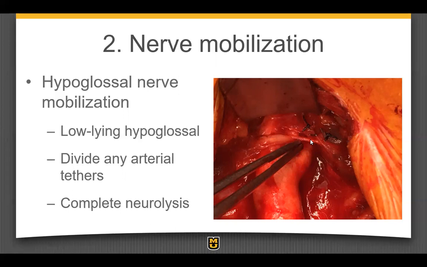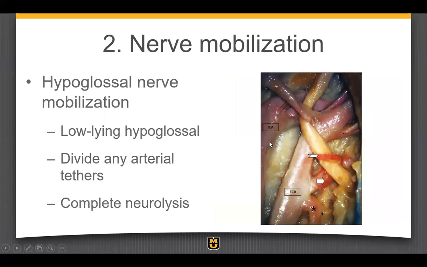Once again, we spoke about that occipital artery with the sternocleidomastoid branch, and that can be divided to allow you to perform a complete neurolysis. Then you can decide if you need to work above or below the hypoglossal nerve itself. In this case, you can see a beautiful example here of where there's an arterial tether, and this hypoglossal nerve could clearly be mobilized, allowing you access to the distal internal carotid artery.